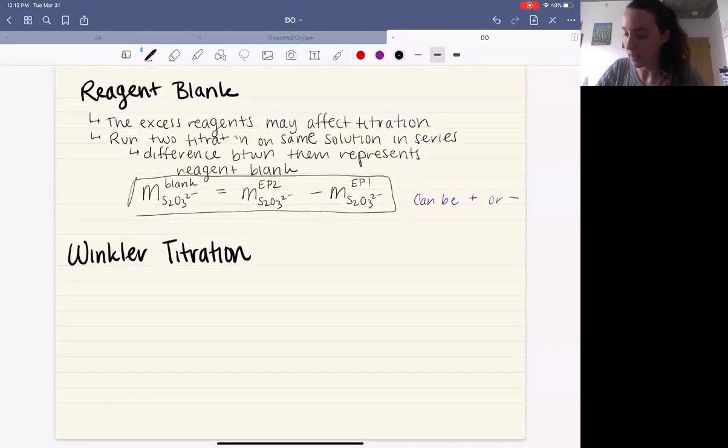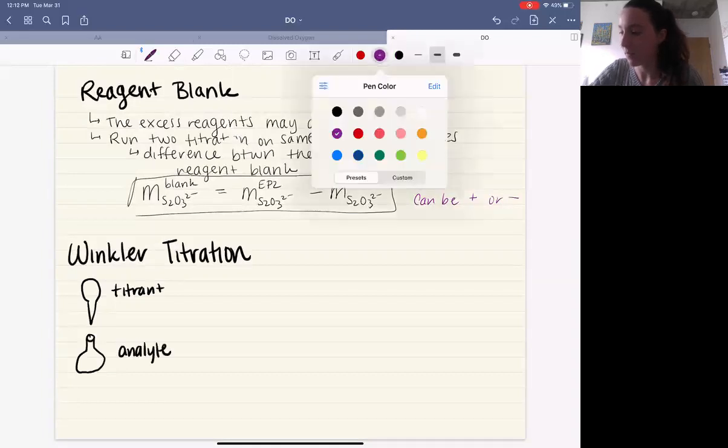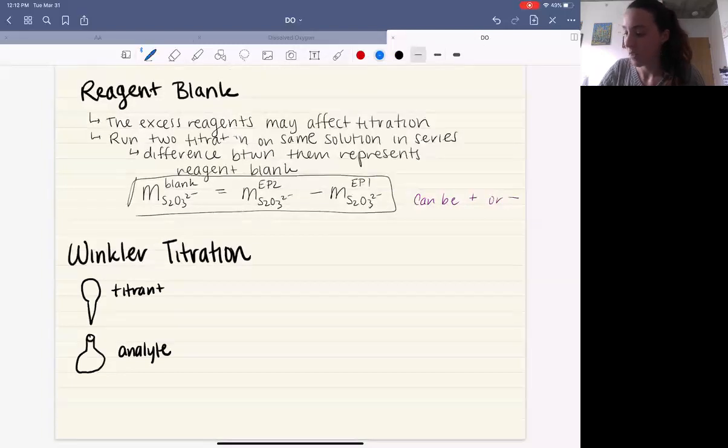So similarly, we have our titrant and our analyte in our BOD bottle. Titrant, analyte. This time, our titrant is still S2O3 2 minus, but it's known. Okay, we know the concentration of it now.